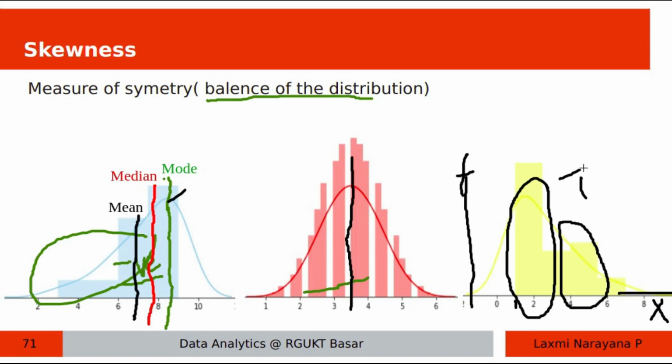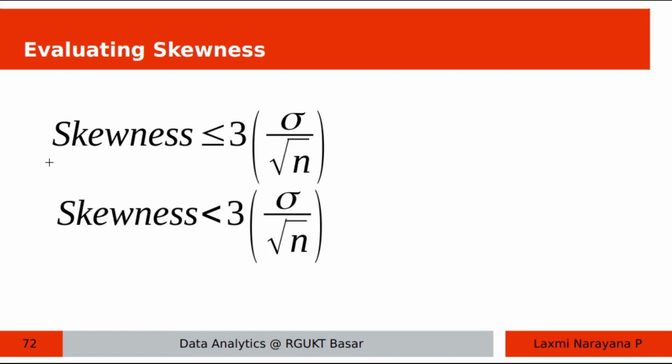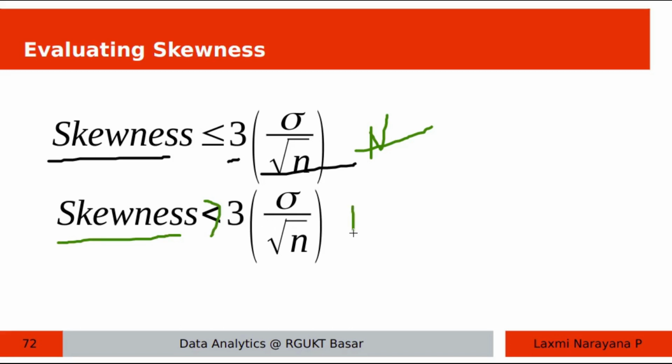Income is a right skewed variable. If the absolute value of skewness is less than 3 into standard error, then the distribution can be considered as normal distribution. If the skewness is greater than 3 into standard error, then it cannot be considered as normal distribution.